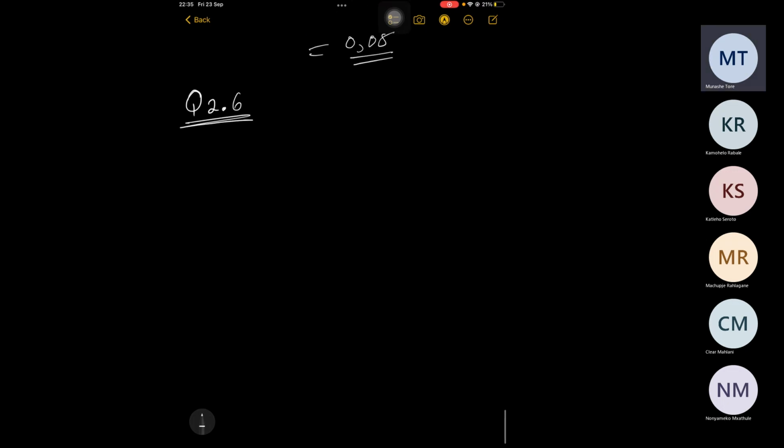Question 2.6 is saying, a particular system in a space vehicle has 4 components.